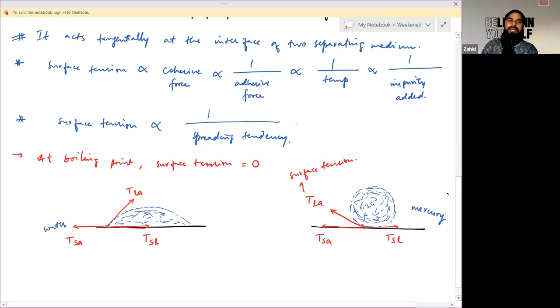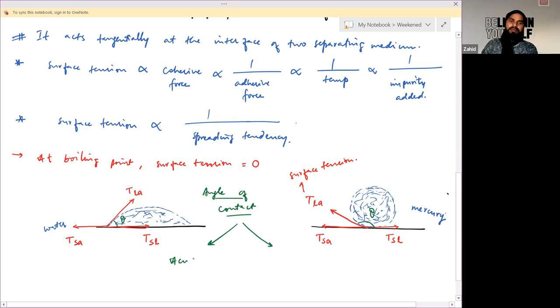So if you define the angle between these two different surface tensions at this point, this angle is called the angle of contact. You may define the angle of contact in two different cases.